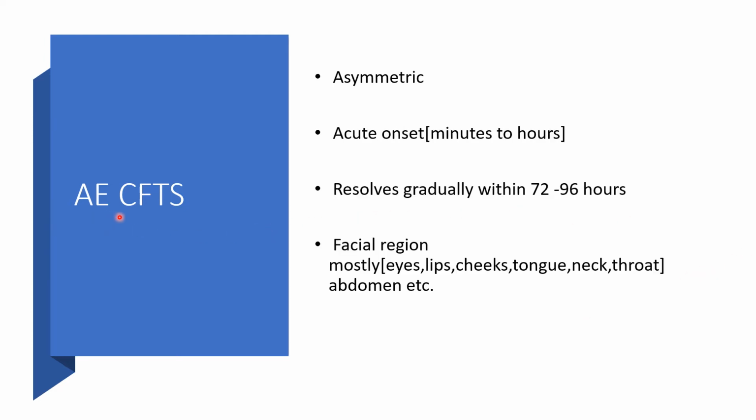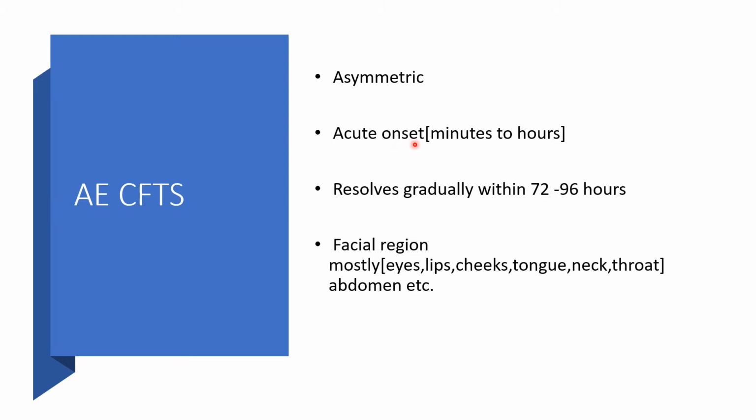Now, angioedema clinical features will essentially be that it will be asymmetric, unlike renal failure edema, hypoproteinemia, heart failure, and this time, like lymphatic obstruction, this will be asymmetric in hereditary angioedema.